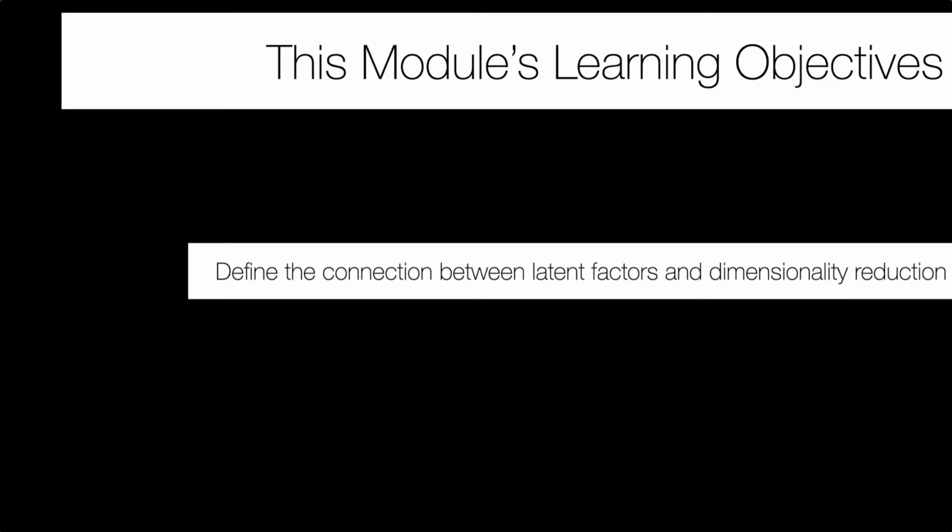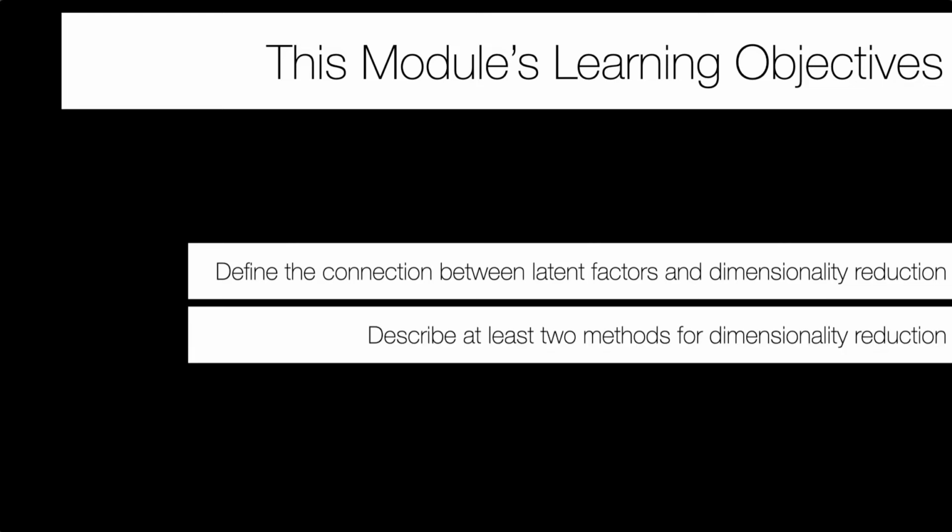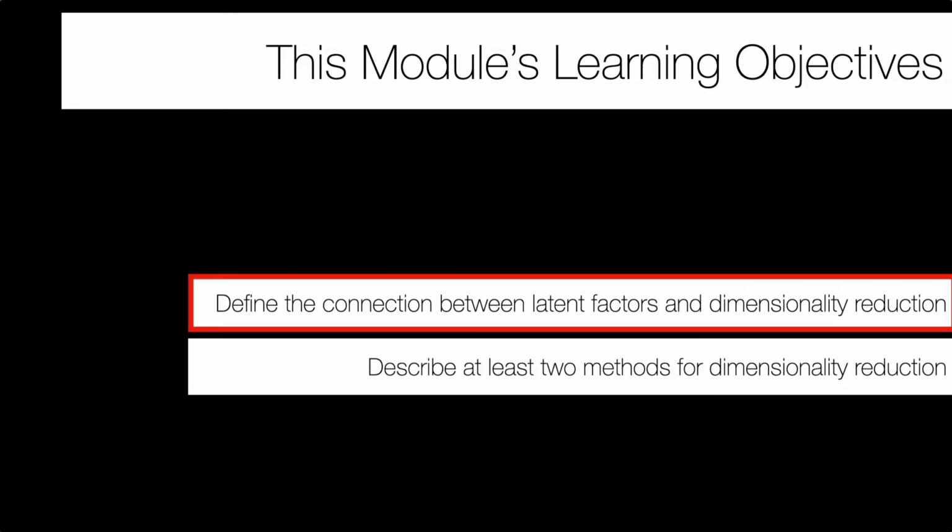Now, not all dimensionality reduction can be thought of as extracting latent factors, but this is one way to think about certain kinds of dimensionality reduction that we'll talk about. And then we'll talk about 2 different ways to do this, primarily using PCA or principal component analysis and singular value decomposition. Looking first at defining this connection between latent factors and dimensionality reduction.